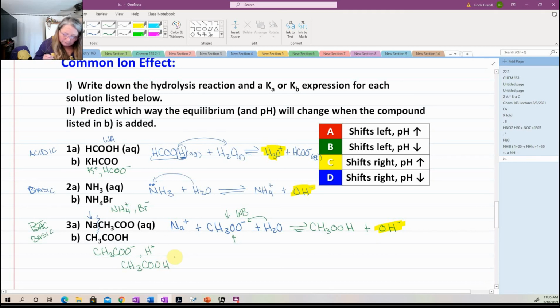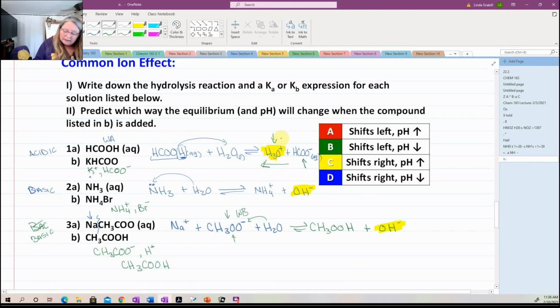Okay. If I add potassium, that would make what? A strong base. So nothing's going to happen with my potassium, but the HCOO, well, I have that ion here. That means that I would shift equilibrium to the left. And if I'm shifting equilibrium to the left, I'm making less hydronium.